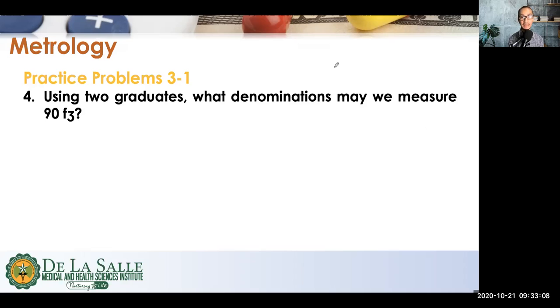So it's the opposite of number 3. In number 3, you have two denominations and you converted into one denomination only. This time you have one denomination and you're asked to convert it into two or even more denominations, whichever is appropriate.